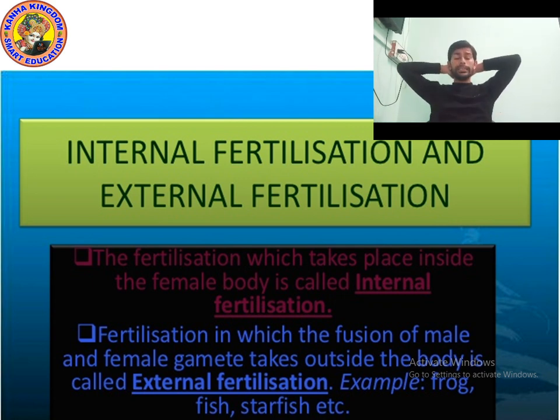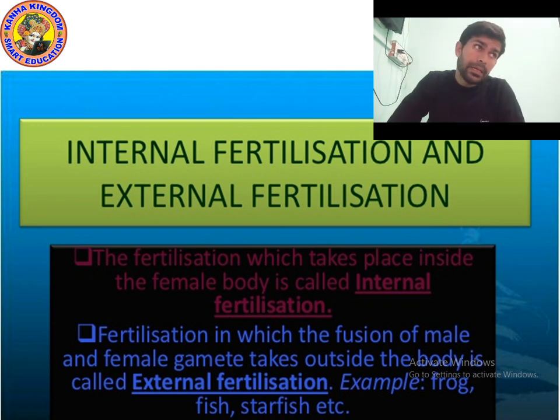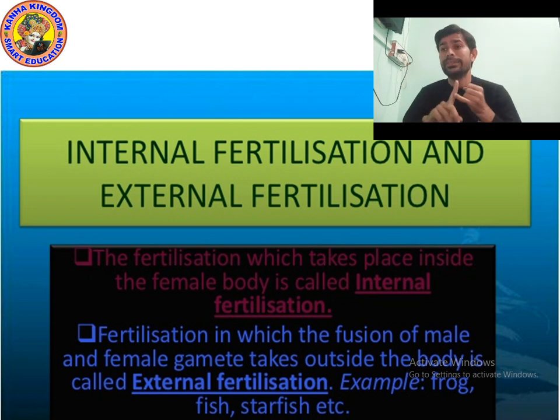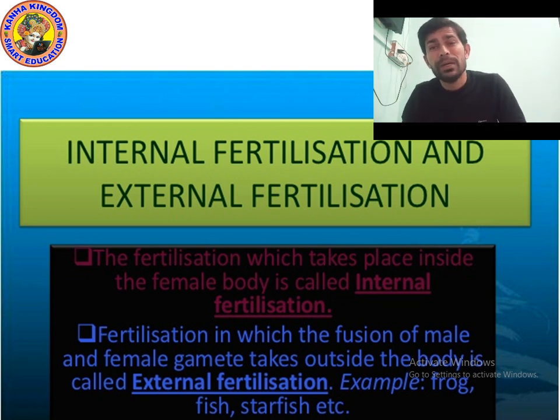Internal fertilization happens in humans and in buffalo, cow, camel, goat, sheep. In all these animals, internal fertilization happens.